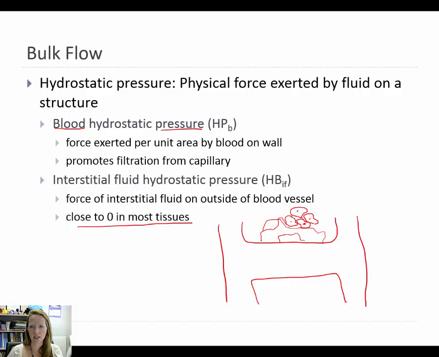There's no heart that's pumping out here in the cells, so that's why it's going to be zero out here and not on the inside. And on the inside it's going to be about 35 to 17, which we'll look at, or 16. So that's hydrostatic pressure. Again, you have one on the inside, and then you have one on the outside.